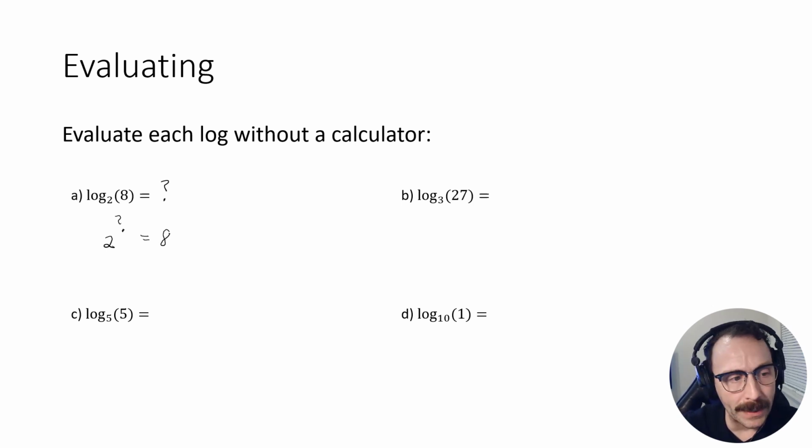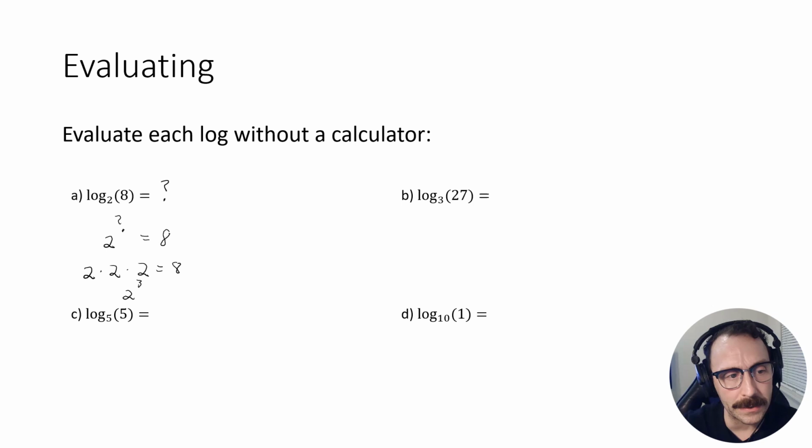Well, multiplying 2's together, that's not too bad. I can say 2 times 2, I know that equals 4. And then if I multiply 4 times 2, I get to 8. 2 times 2 times 2 is equal to 8. I could write this as 2 raised to a power, and that would be 3.